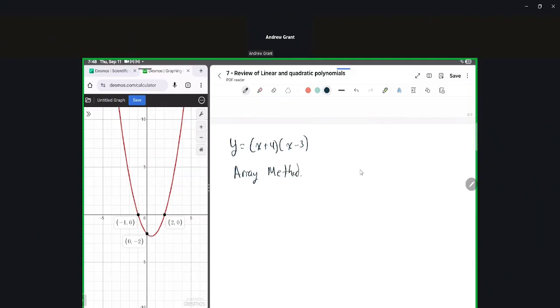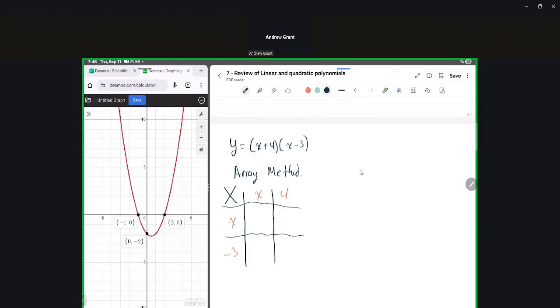So what you would do, and again, if you've never seen this before and you're like, can I just FOIL instead? You absolutely can. The first term here is an x plus 4. The second term here is an x and a negative 3. And you would fill in, and what we want to be doing is multiplying these.